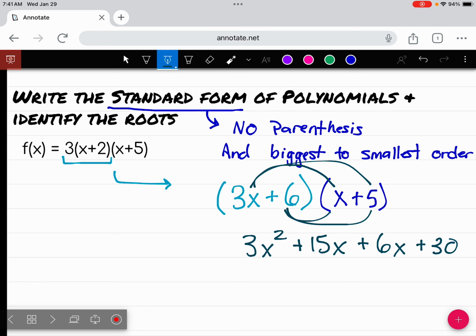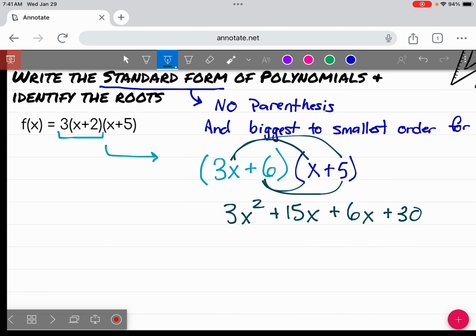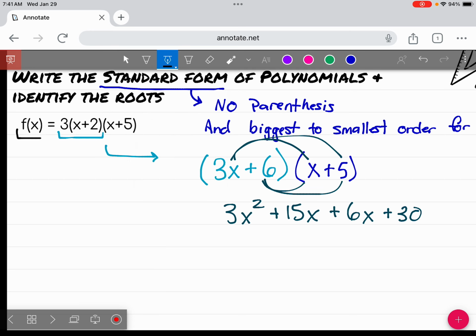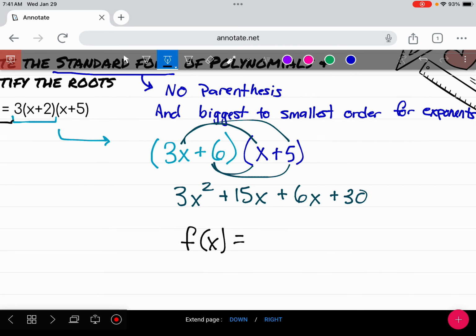And then we're just going to combine our like terms. I do have one set of like terms in here on those x's. So our standard form of this equation, we need to put it back as an equation. So we're going to have our f of x equals, combining our like terms together, we get our 3x squared, 15x plus 6x, we get our 21x, plus 30.